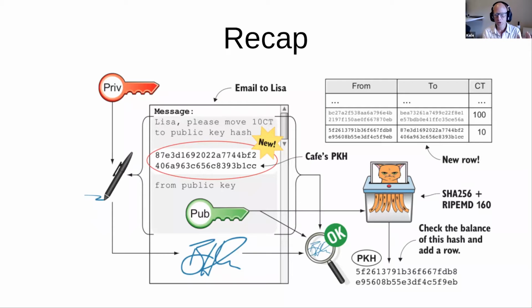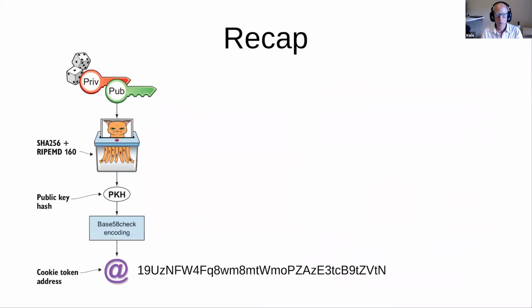And this message was signed using the sender's private key. And we talked about addresses, how addresses are created from a random number generator, creating a private key and a public key, hashing it to a public key hash, and encoding that public key hash using base 58 check encoding to get the cookie token address.